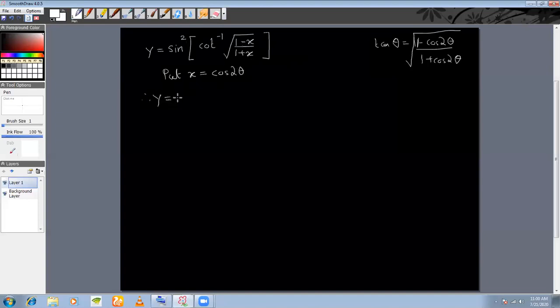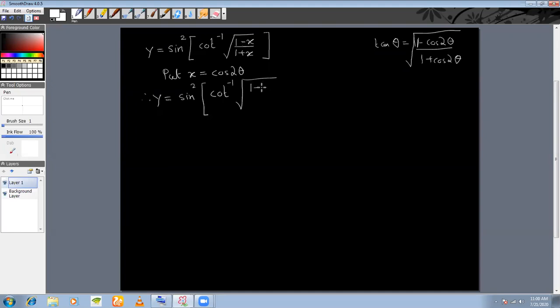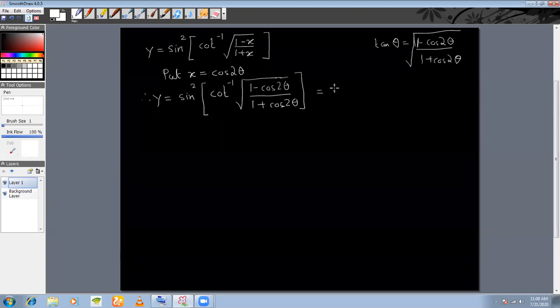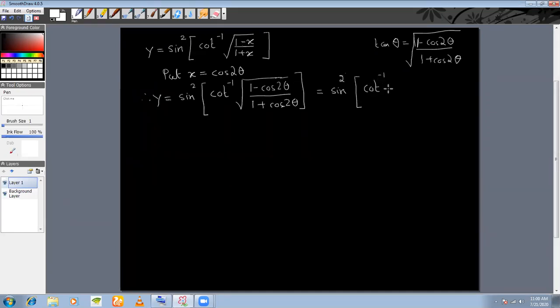So therefore you get y is equal to sine square cot inverse of square root of 1 minus cos 2 theta by 1 plus cos 2 theta, which is equal to sine square cot inverse of root tan square theta, which is equal to sine square cot inverse tan theta.